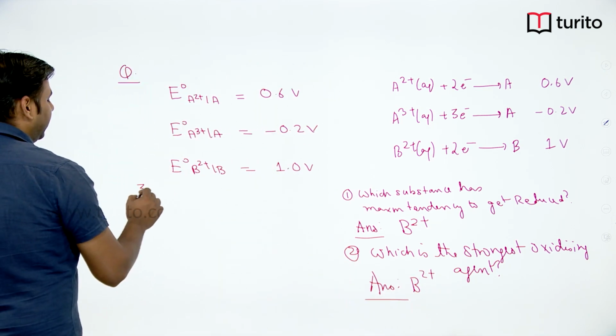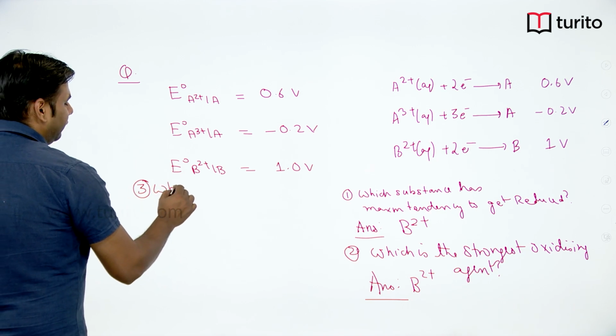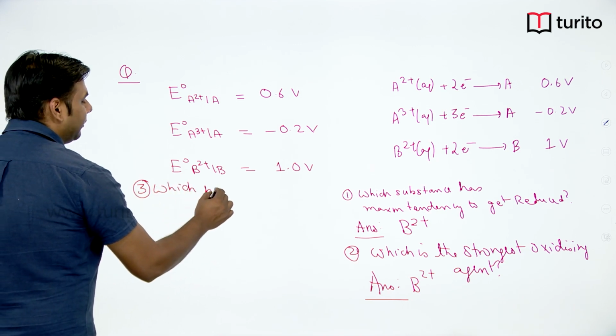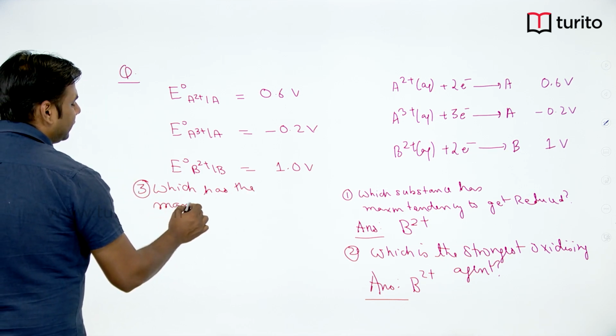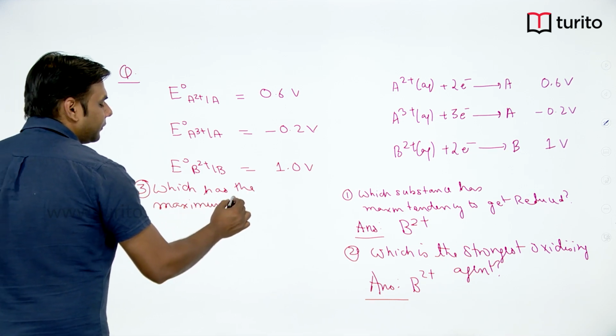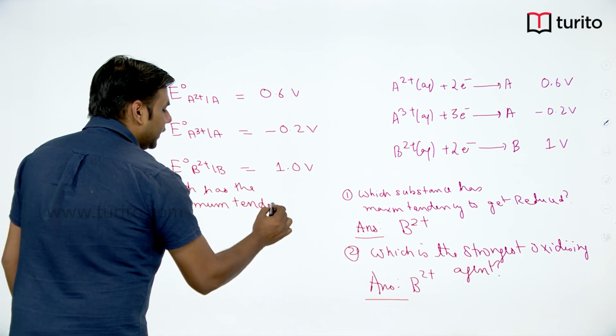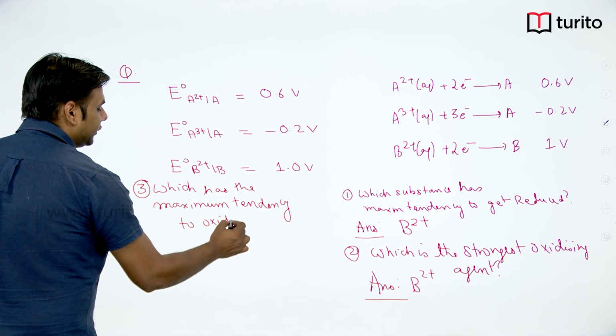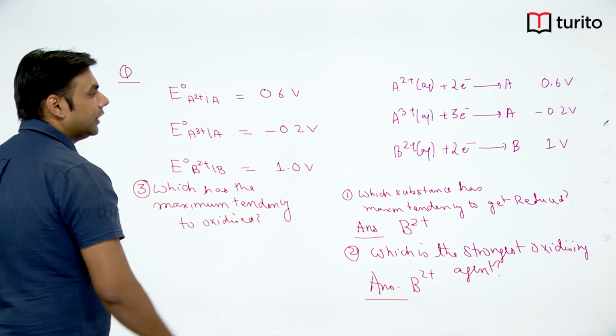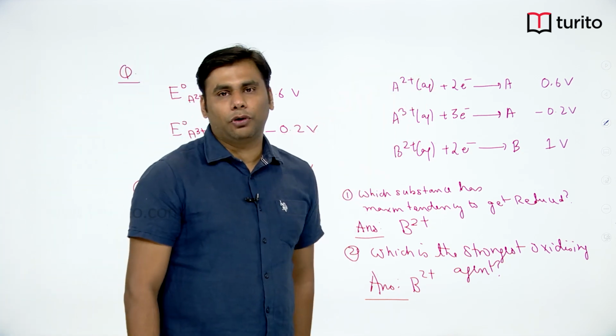The third question that can be asked from this data is which has the maximum tendency to get oxidized. Let us observe their oxidation potential. Reduction potential of A2+ was 0.6.